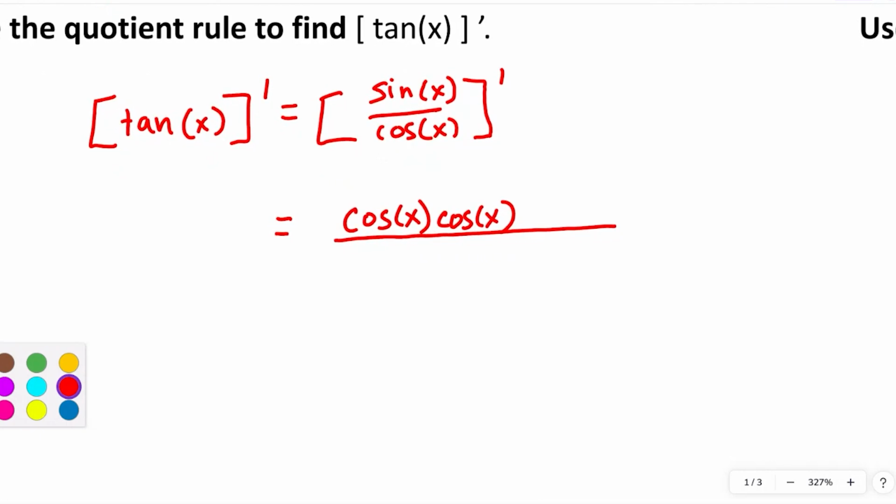All right, then minus the top, which is sine x, and then times the derivative of the bottom, which is negative sine. So if I multiply this by negative sine, that would be equivalent, instead of saying minus sine times negative sine, we're going to say plus sine times sine. All over the bottom squared, so cosine squared.